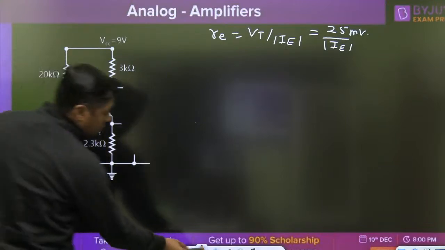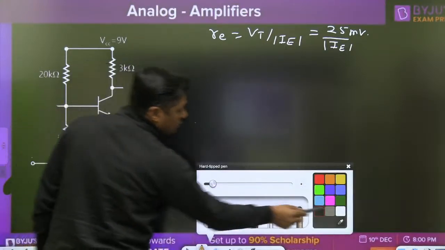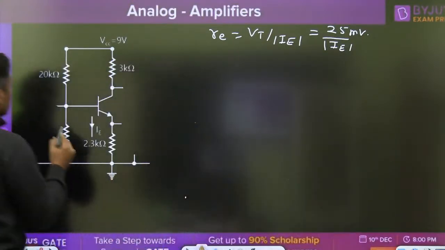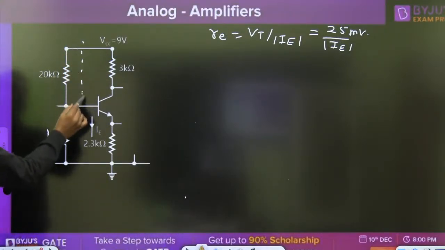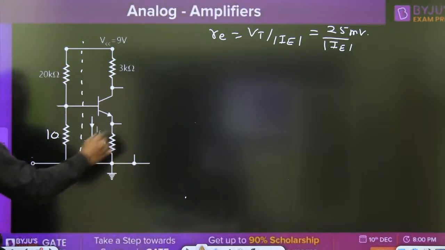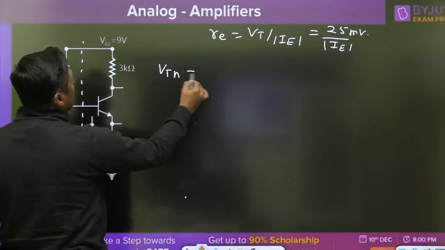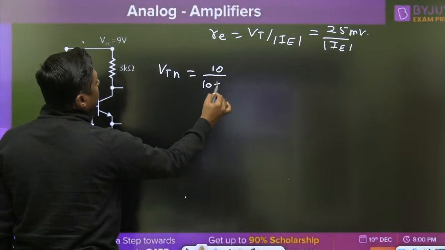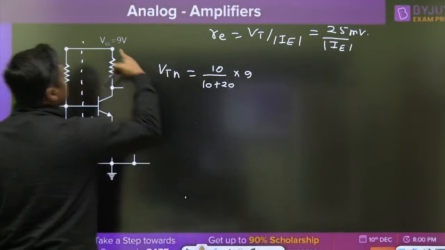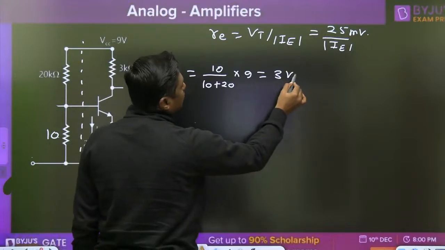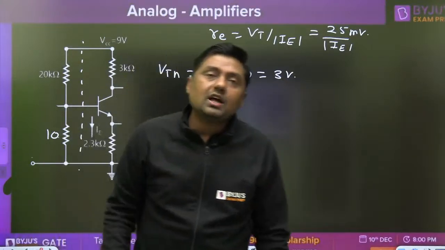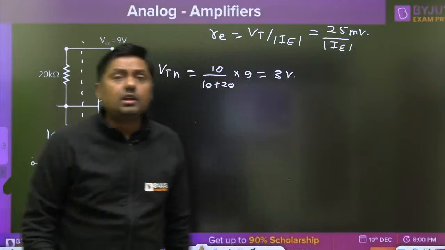Now we have 10 kilo ohm, 20 kilo ohm, 3 kilo ohm. Apply Thevenin's equivalent. VTH will be 10 divided by 10 plus 20 into 9, this is the 9 volt. So what is the voltage here? 3 volt. No need to calculate RTH because beta is very large.